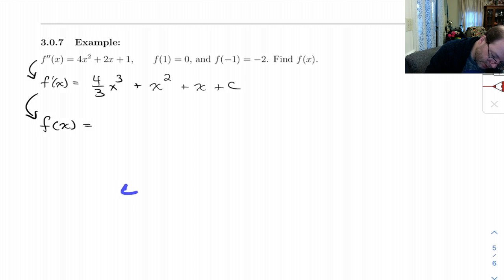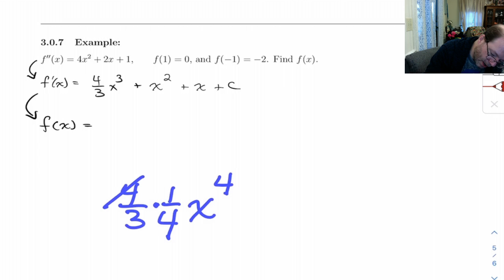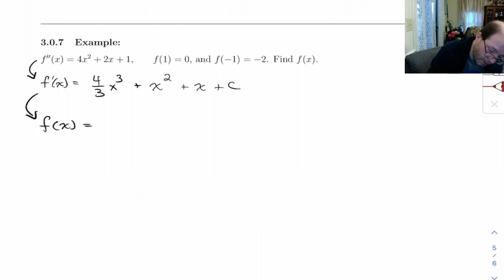All right, let's look at this. We've got 4/3 x cubed. That x cubed is going to become x to the 4th, and we're going to have to divide by 4. And then we can cancel those two guys. So this is going to wind up being 1/3 x to the 4th. This is going to give us x cubed divided by 3.